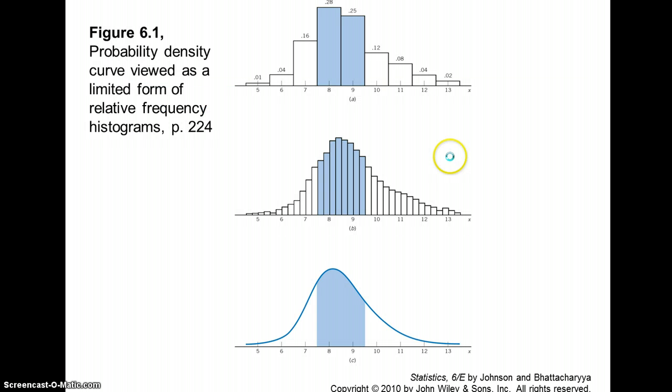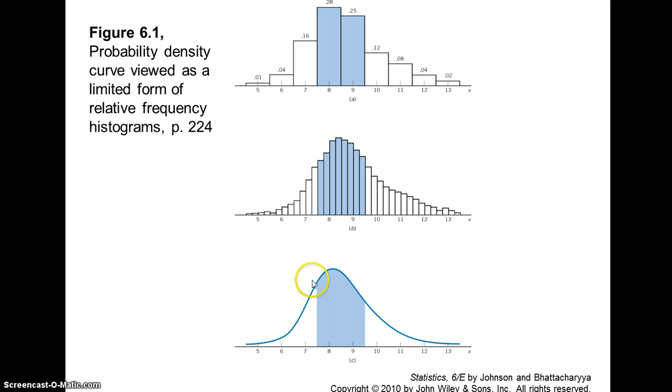As we talked about before, if we add all these numbers, 0.01, 0.04, and so on, we should get 100%, or 1. And the same for this histogram. These are discrete, we call them discrete, so we have each individual number. But this is continuous, so there's no gap between any two numbers, and the area under the curve means the probability.